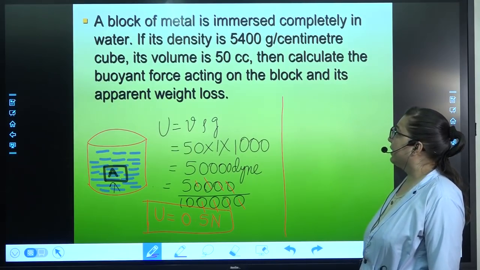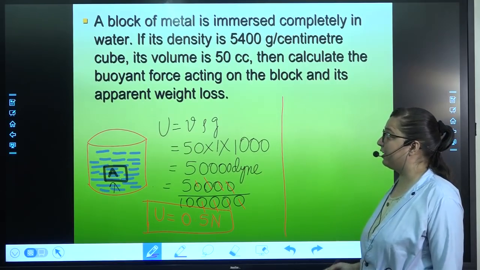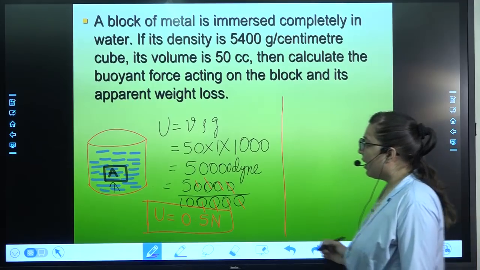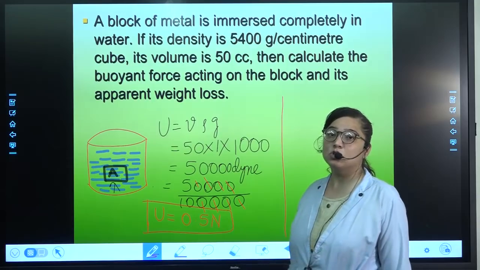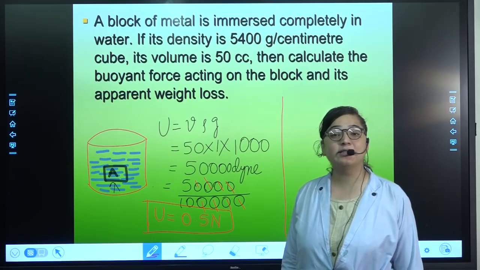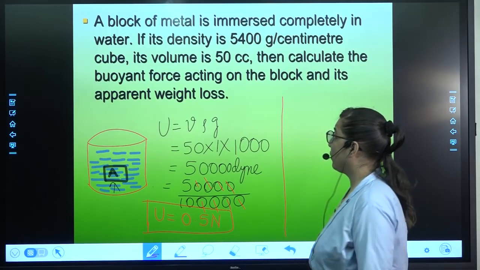Next is how the weight will be different, that is, calculate its apparent weight loss. How much loss is there in its weight if the buoyant force is 0.5 Newton? For that we need to calculate its actual weight. So for calculating its actual weight, how to calculate?